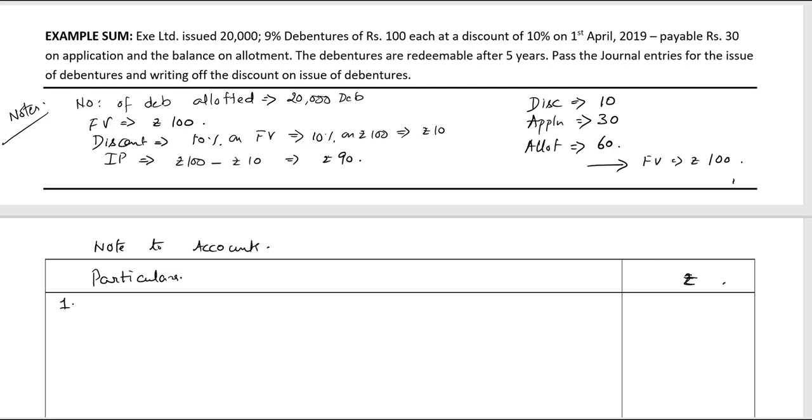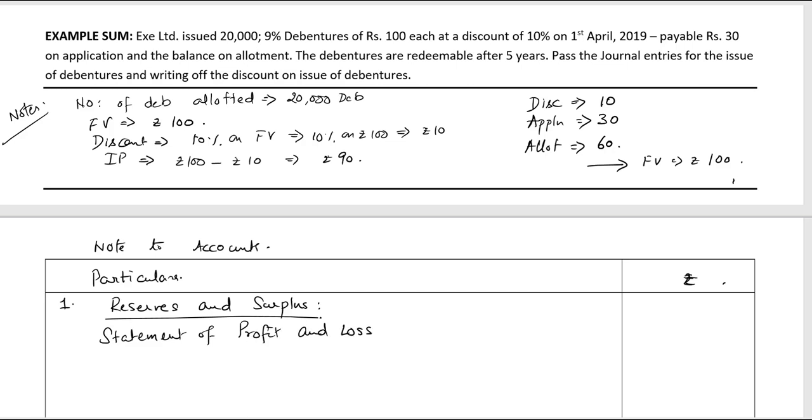The first note, we have written off discount on issue of debentures amounting to rupees 2 lakh from the statement of profit and loss, finance cost. The statement of profit and loss will come under the head reserves and surplus. So the first note would be reserves and surplus. Statement of profit and loss. The opening balance is nil.